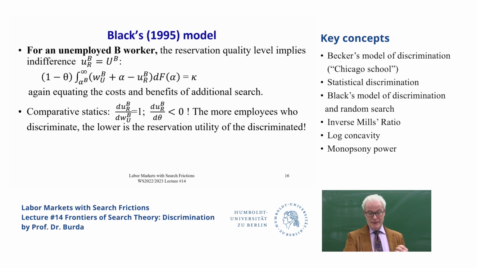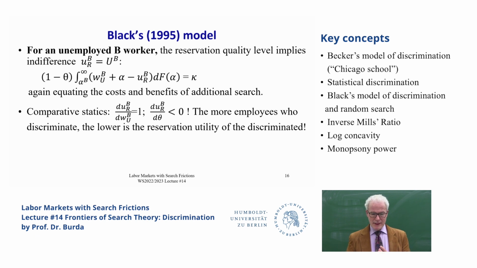And the more employers who discriminate, in the form of alpha, in the form of theta, the lower the reservation utility is for the discriminated. So the more discriminators out in the market there are, the lower the reservation level of utility is going to be for the discriminated workers. So their readiness to accept a job will increase. They'll be less likely to search for further offers. It's called the desperation effect.